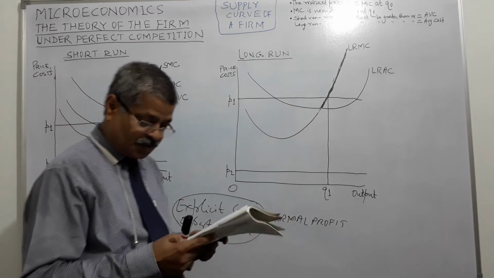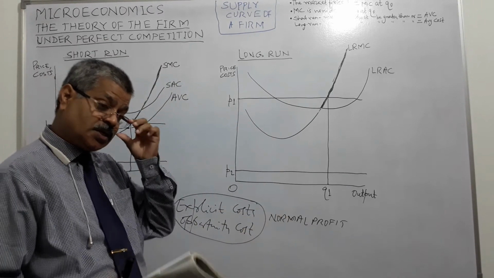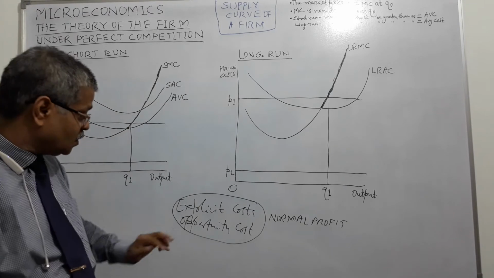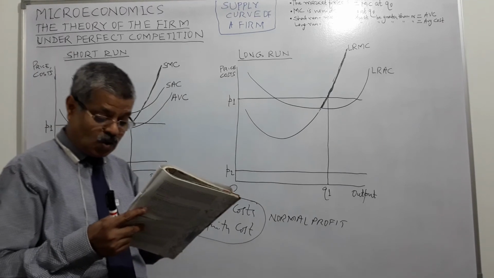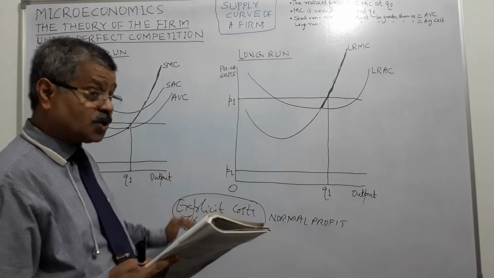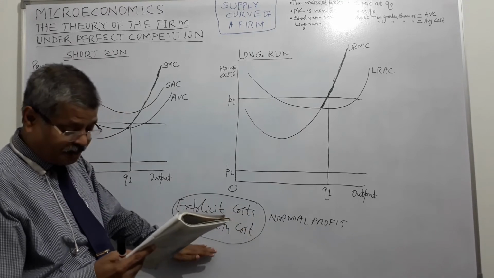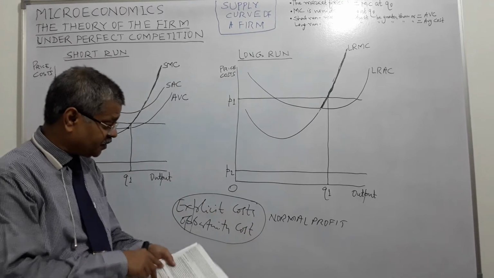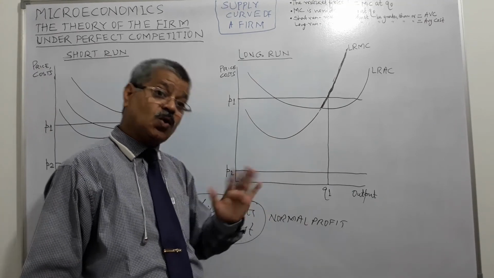So, if a firm includes both its explicit cost and opportunity cost in the calculation of its total cost, the normal profit becomes the level of profit when total revenue is equal to total cost.